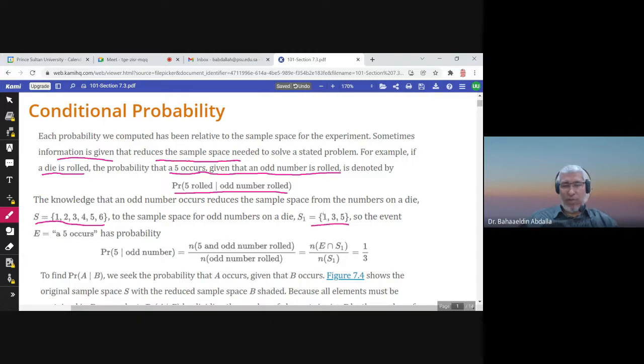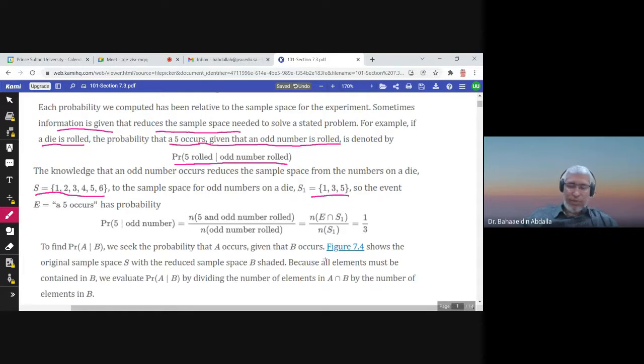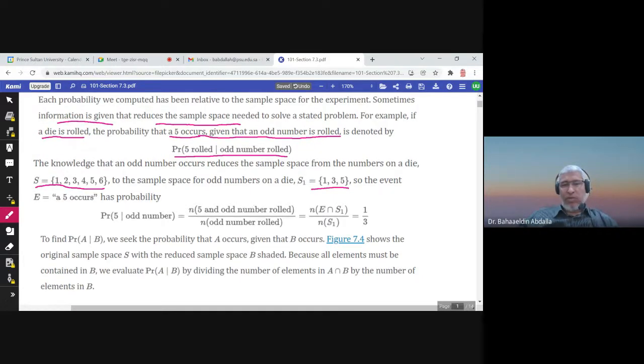So 1 is one number out of 3. So the probability would be 1 over 3. So 3 is the number of odd numbers rolled. 1 is the number of 5 and odd numbers rolled. So you can say that the probability of 5 given odd numbers is the number of elements in E intersection S1 over the number of elements in S1.